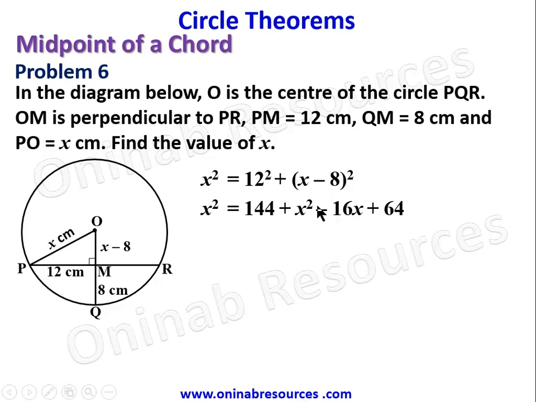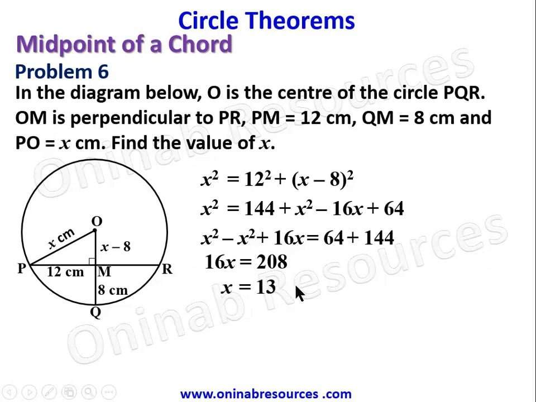Now collecting the terms with x on the left hand side, we have x squared minus x squared plus 16x is equal to 64 plus 144. So x squared minus x squared is gone. So we have 16x equal to 208. 208 divided by 16. So x is equal to 13. So we have done justice to problem 6.